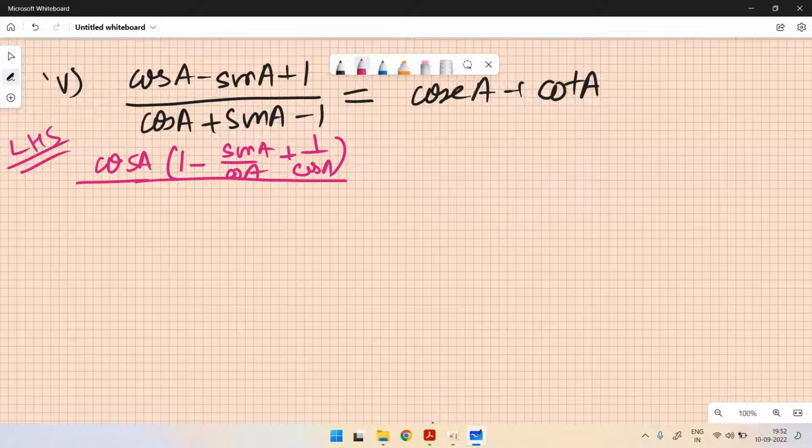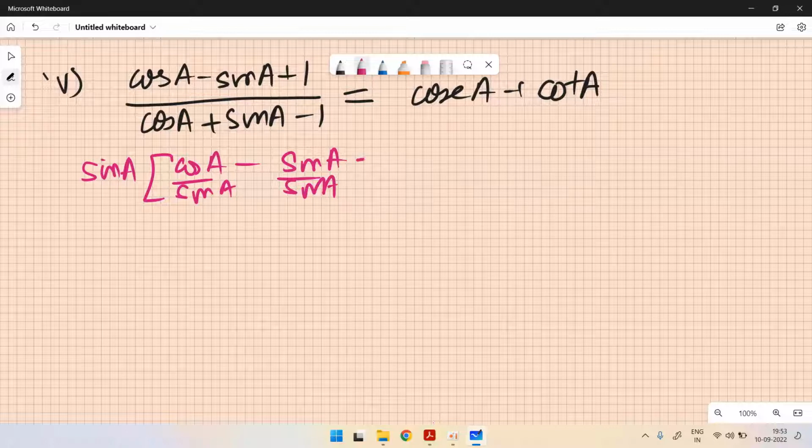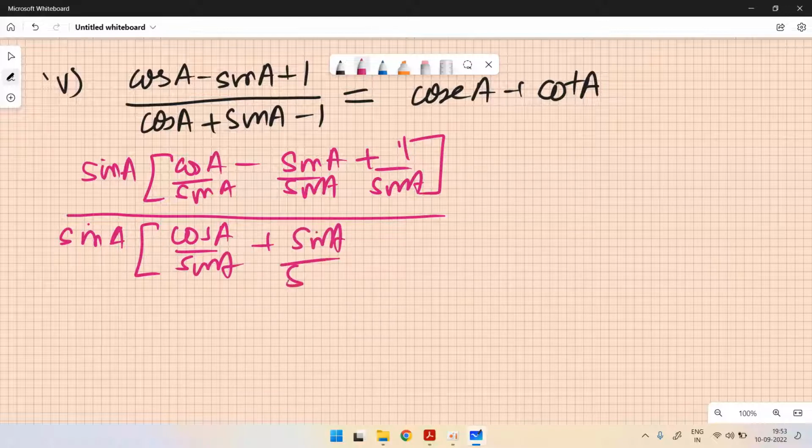Not cos A, you need to take sine A as common, because there is a cosecant term here. So I'm taking sine A common, which implies this is cos A by sine A minus sine A by sine A plus 1 by sine A, and divided by, since the denominator also I'm taking sine A common, cos A by sine A plus sine A by sine A minus 1 by sine A.